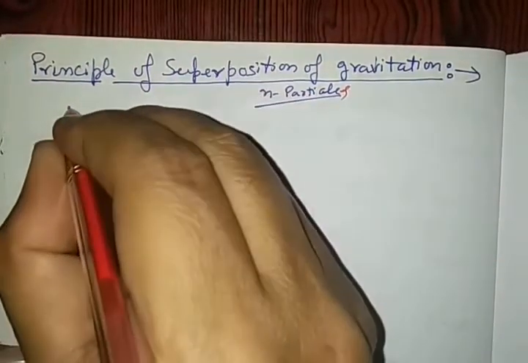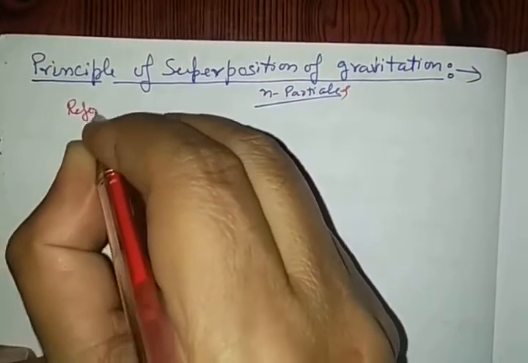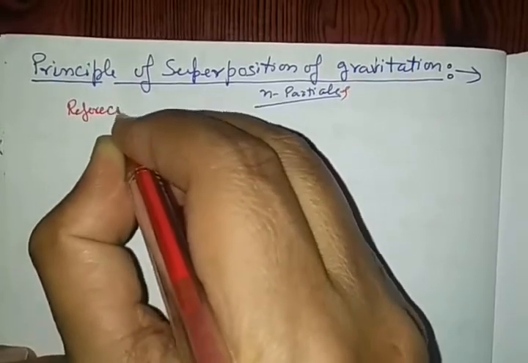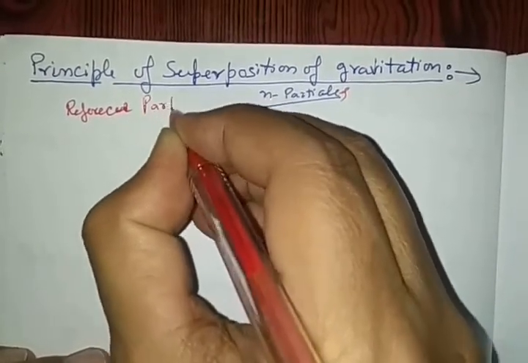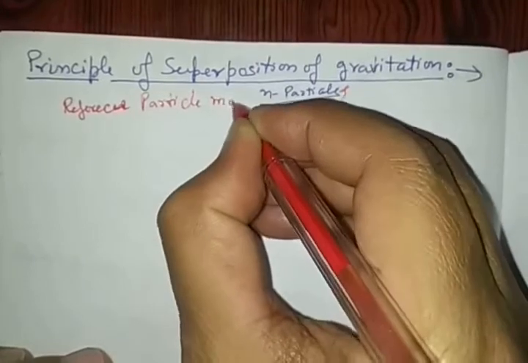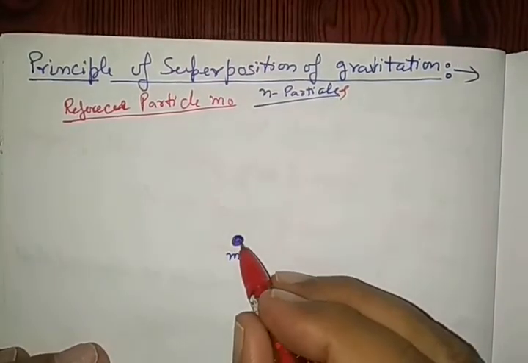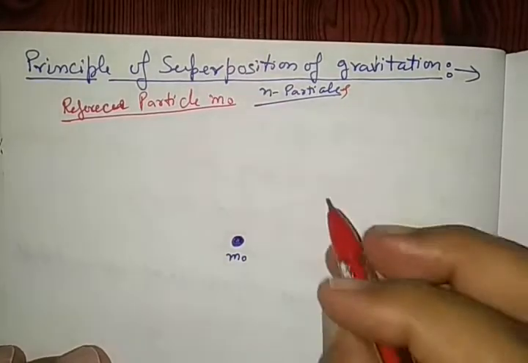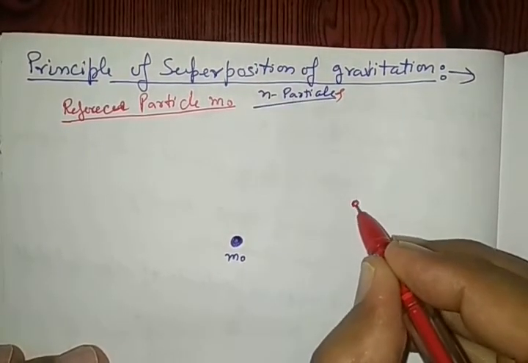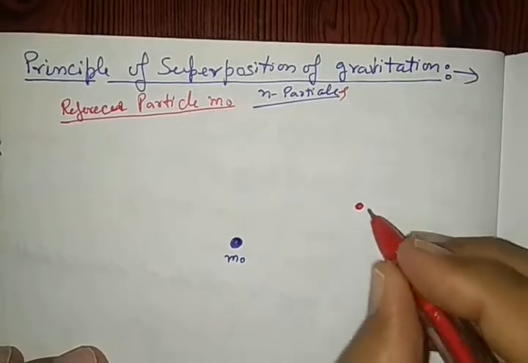So see here, this reference particle of mass m0 is surrounded by n particles.